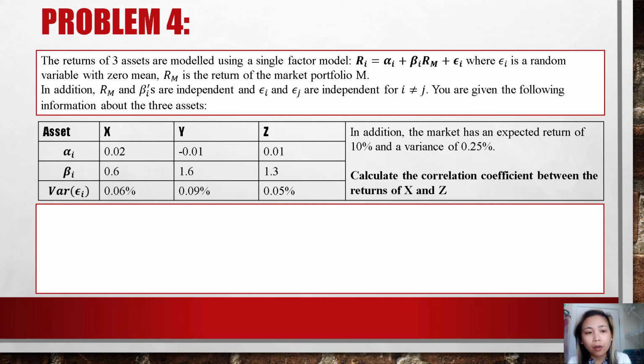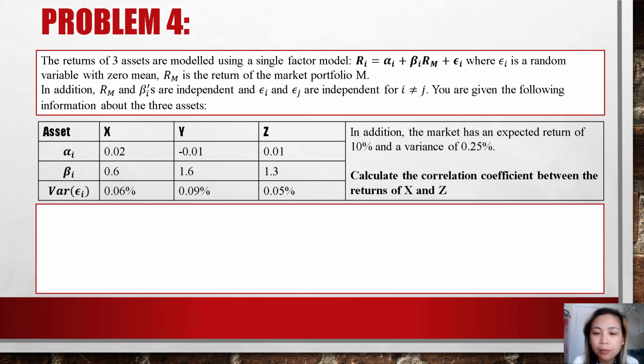You are given the following information about the 3 assets, x, y, and z. For each of these, we got alpha, beta, and variance of the error epsilon i. In addition, the market portfolio has an expected return of 10% and a variance of 0.25%. Calculate the correlation coefficient between the return x and z.